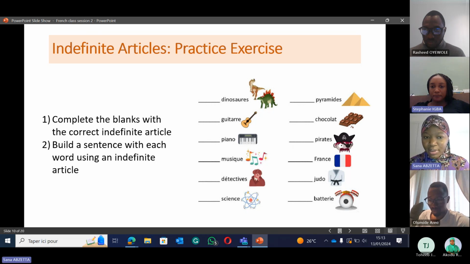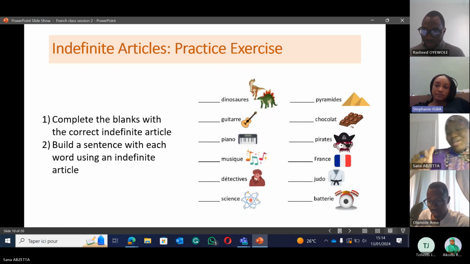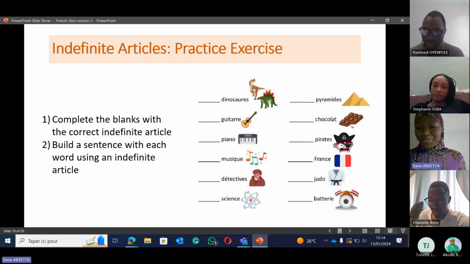And the last one, the battery. Batterie. Do we say un batterie or une batterie or des batteries? Une batterie. Good. Une batterie. Okay.